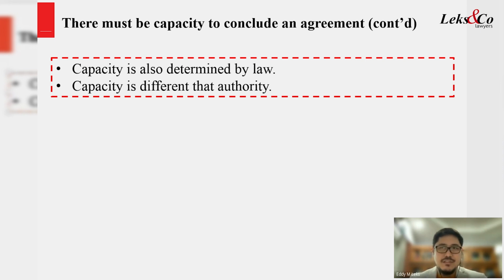The capacity is there, but it is about the authority. He doesn't have any authority to represent the company. So it would mean that the agreement will be considered as null and void. Of course, unless the company itself acknowledges it as binding to the company.